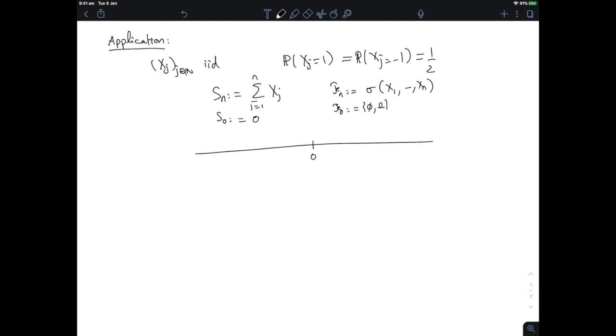You start at 0 and you move either to the right or to the left with probability 1/2, and Sn is wherever you might have arrived at time n. And the question we're going to ask is, what is the probability that Sn eventually goes above a certain value a before it goes below a certain value minus b?